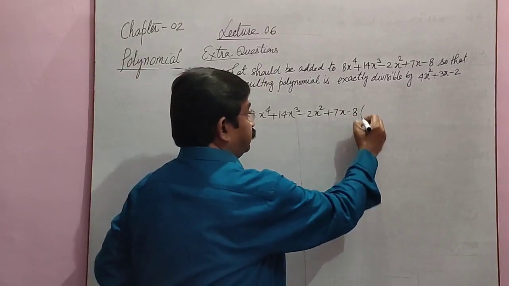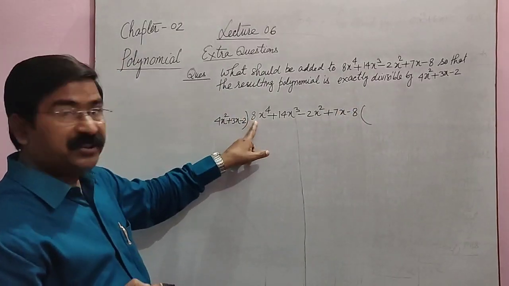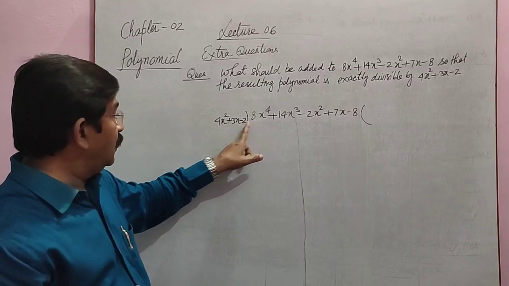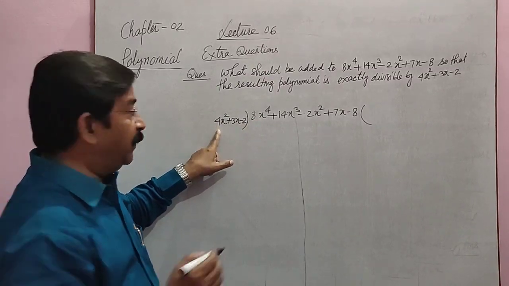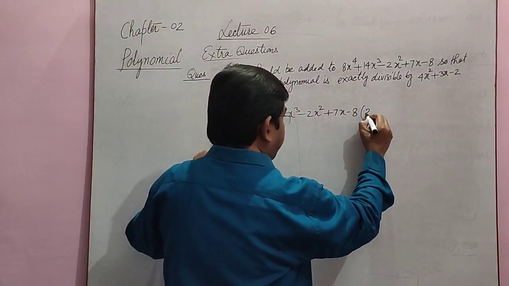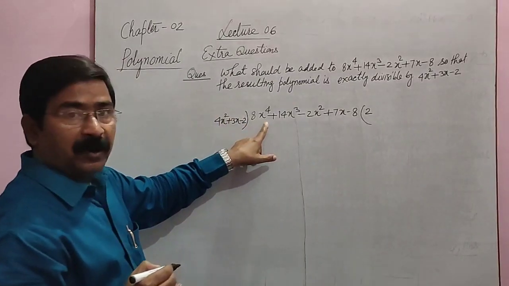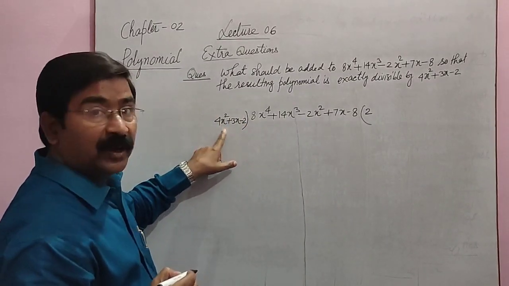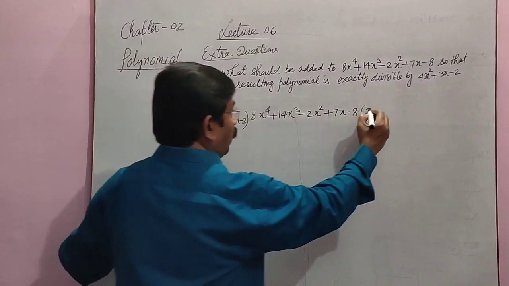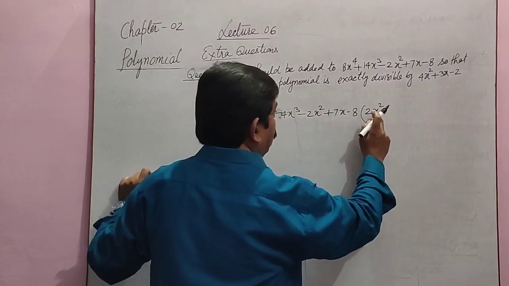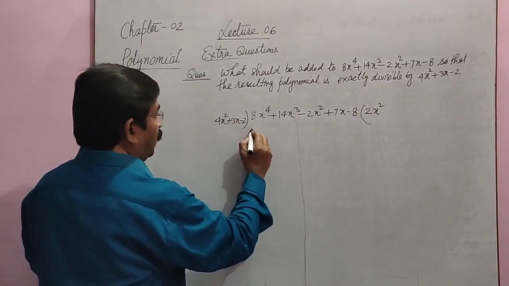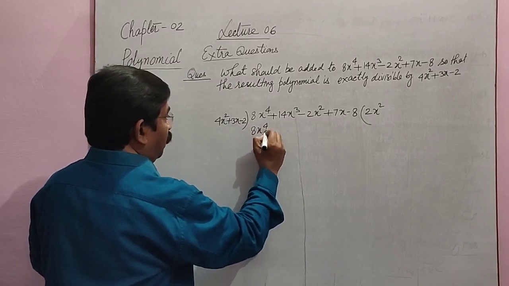Let's divide. Coefficient is 8 here in dividend, and divisor coefficient is 4, means 2 times 4 is 8. It is x to the power 4. Here we have x square, means x square times. Let's see. 2x square into 4x square, we have 8x to the power 4.